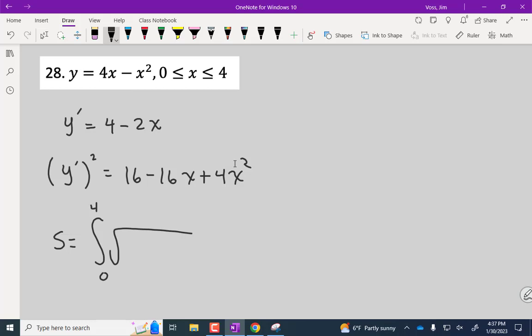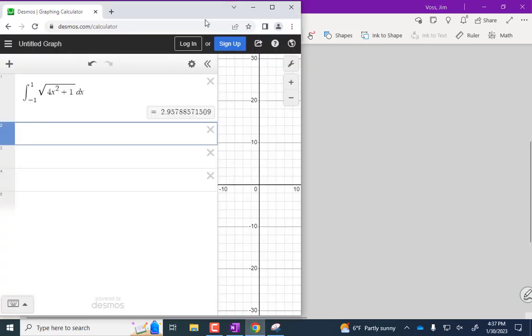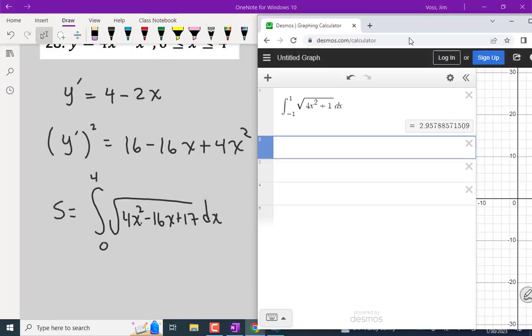When we add 1 to this, we'll have that. And that is definitely not integrable. So we'll just type it right into Desmos or your friendly phone calculator or wherever.